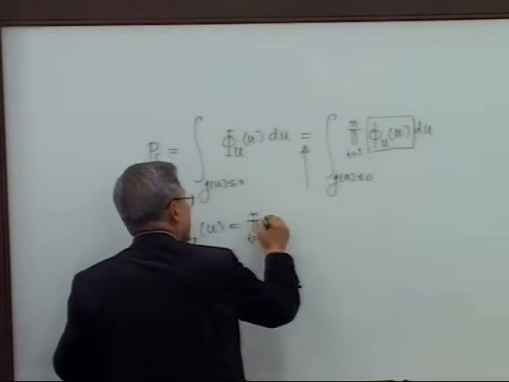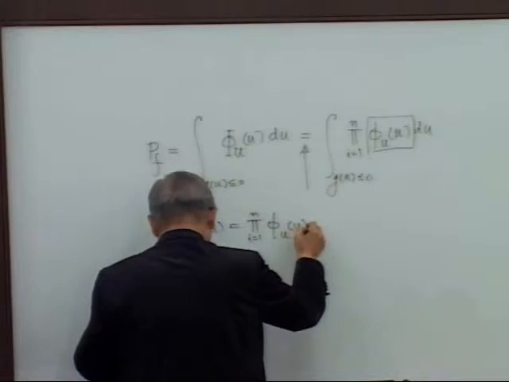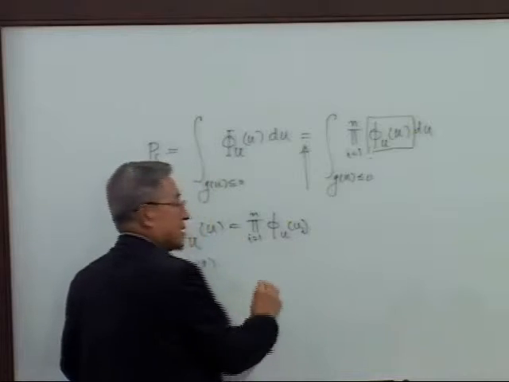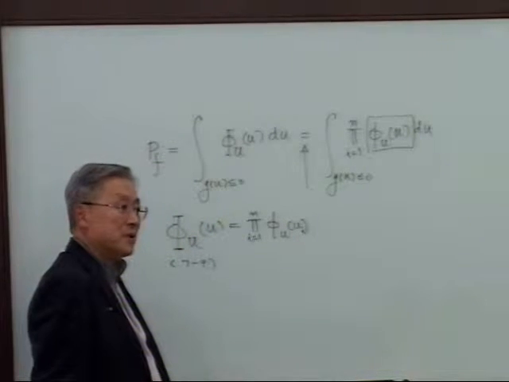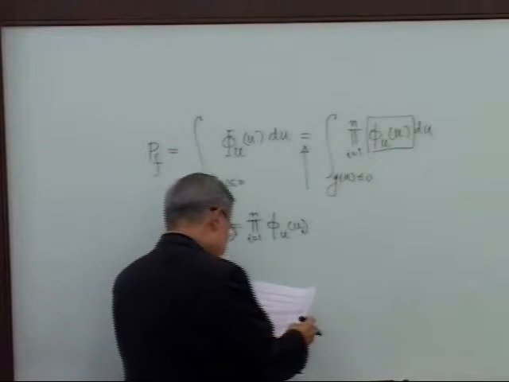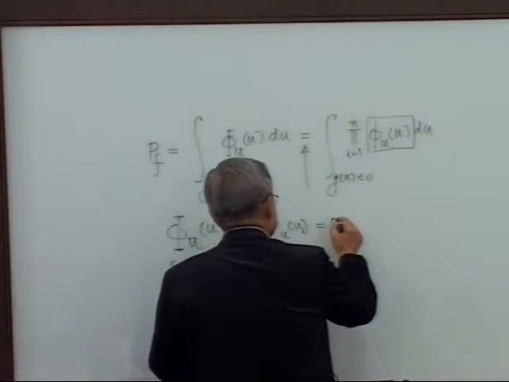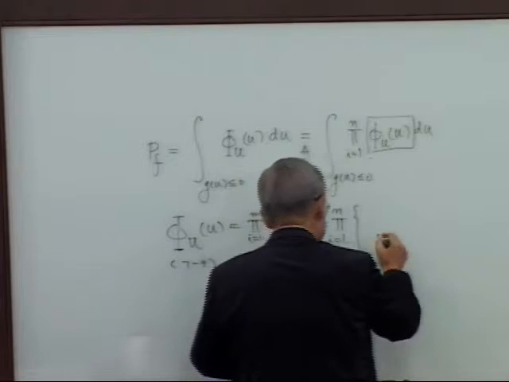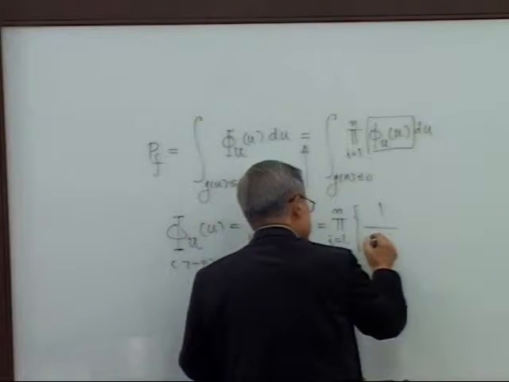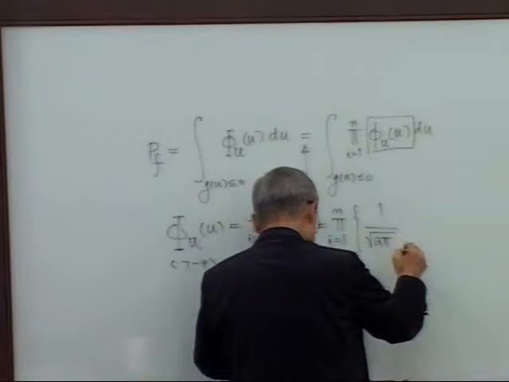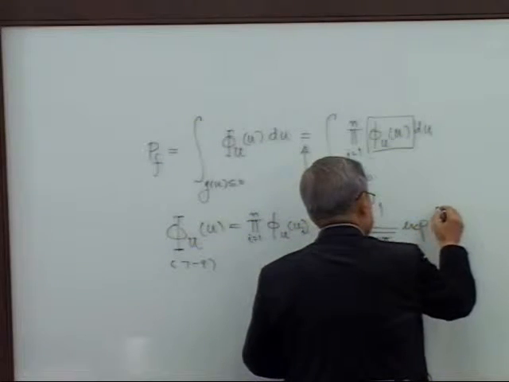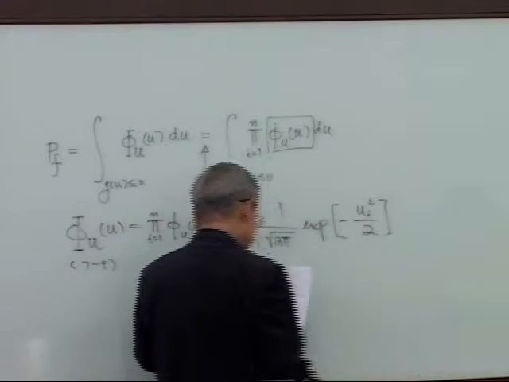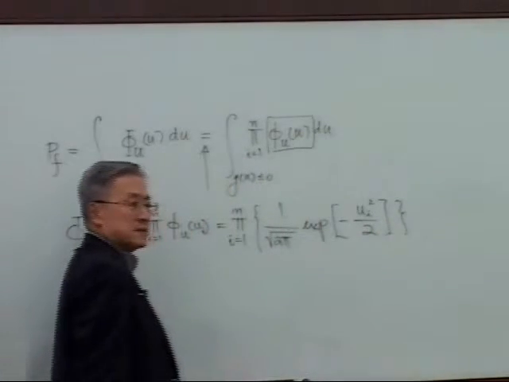The product for i equal to 1 through n of phi U_i, because U has n different entries, the random variables, for n-dimensional, which is equal to the product for i equal to 1 through n, and I put this bracket here, 1 over square root of 2 pi, exponential minus 1/2 u_i squared, and closed.